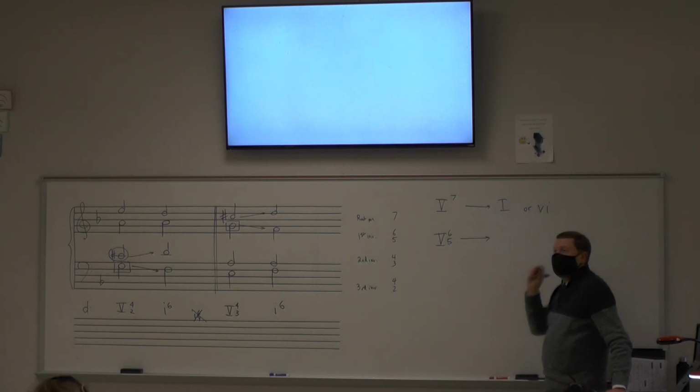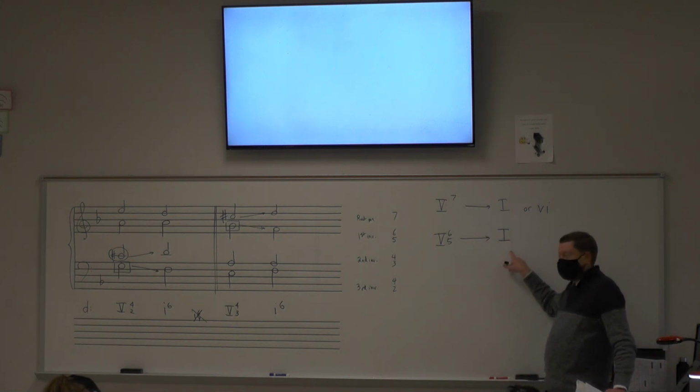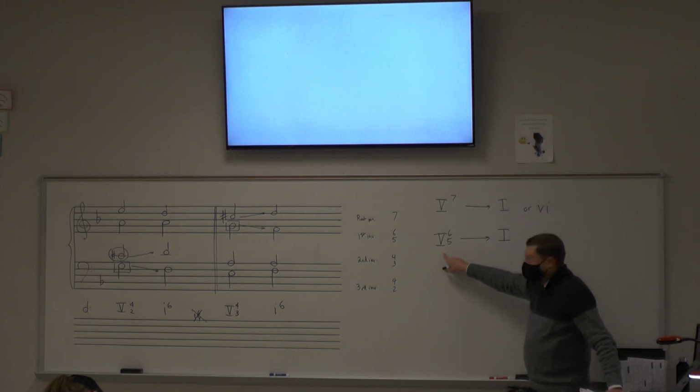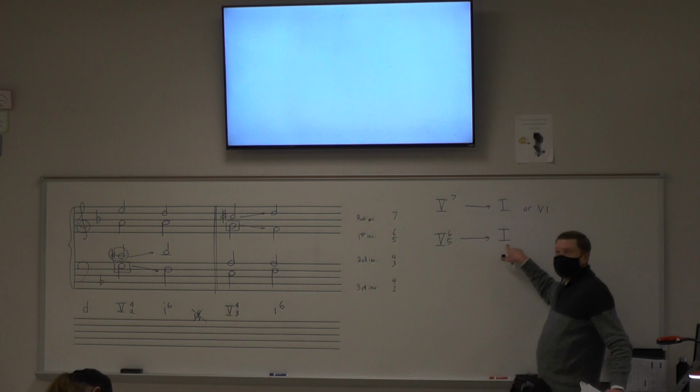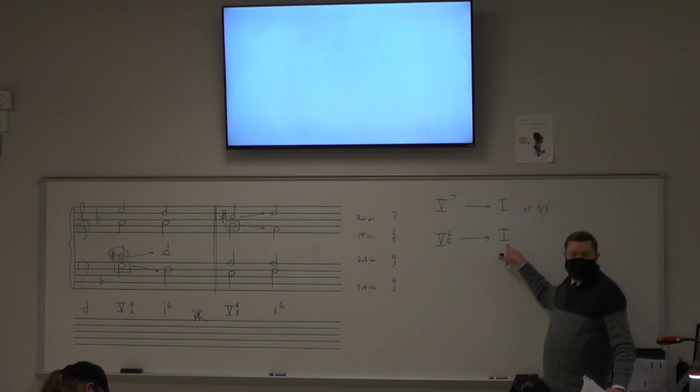So it has to be a 1-6. No, it's actually going to be root position 1. 6-5 has to go to root position 1, because Ti in the bass is going to go up a half step to Do, and you're going to have Do in the bass underneath this 1 chord. That's going to make it root position.